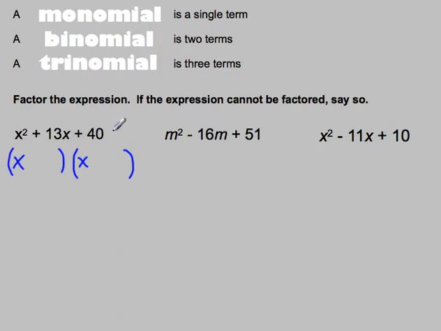Now what we need to do is think of the factors of 40. 1 and 40, 2 and 20, 4 and 10, 8 and 5.